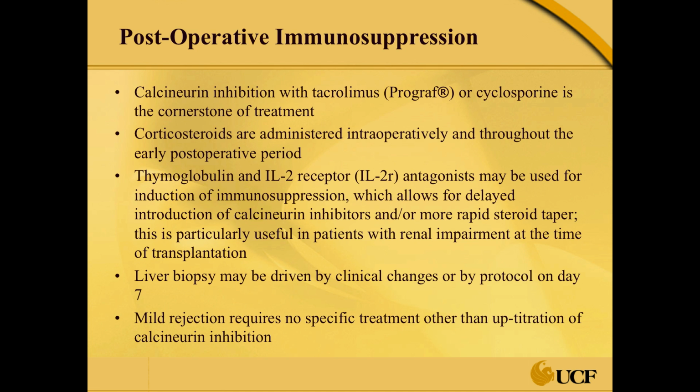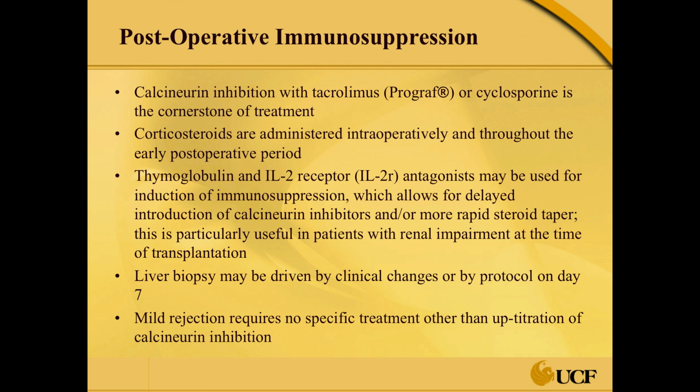Calcineurin inhibition with tacrolimus or cyclosporine is the cornerstone of treatment. Corticosteroids are administered intraoperatively and throughout the early post-op period. Thymoglobulin and interleukin-2 receptor antagonists may also be used for induction of immunosuppression, which allows for delayed introduction of calcineurin inhibitors, or that tacrolimus.